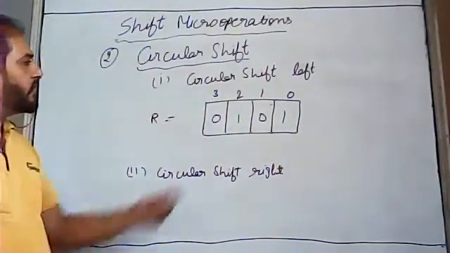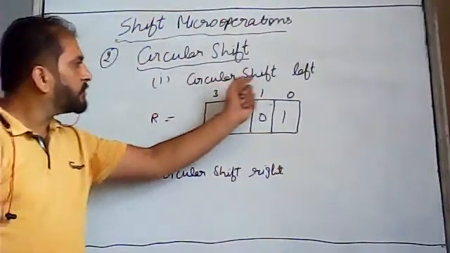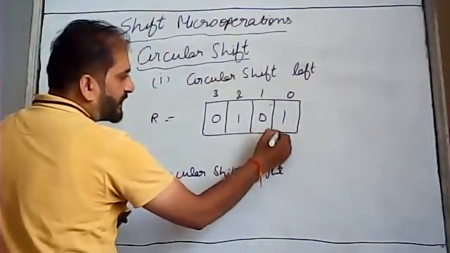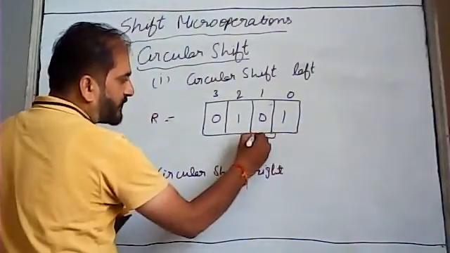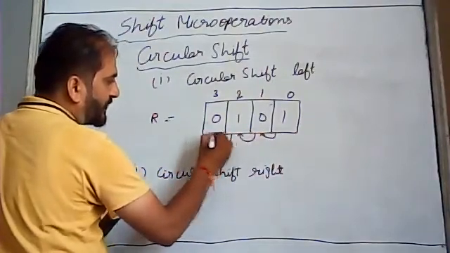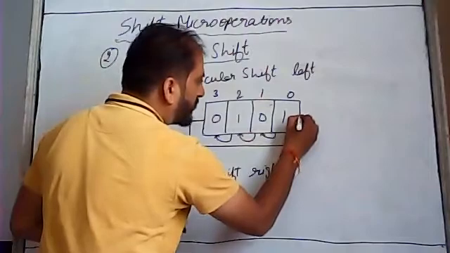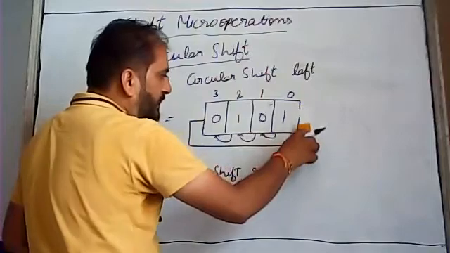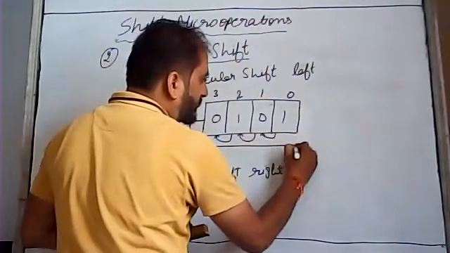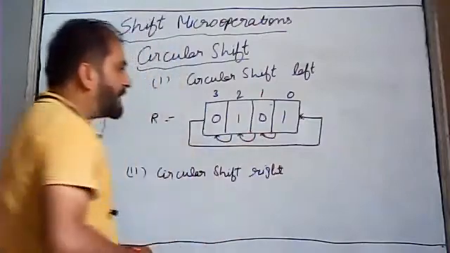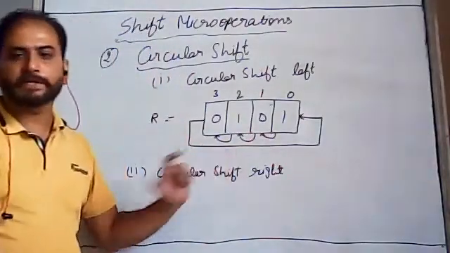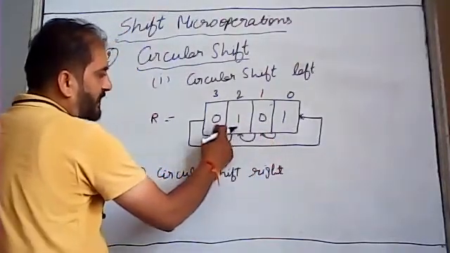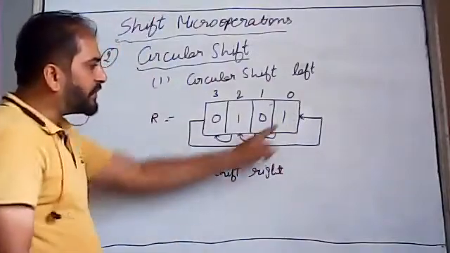Let us suppose we want to perform the circular shift left operation. This bit is shifted here, and this one is shifted here, and this one is shifted here, and this bit is shifted here. So this means data circulates, and in circular shift our data is not lost. The last bit is shifted to bit position 0.